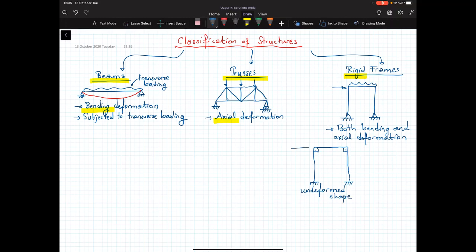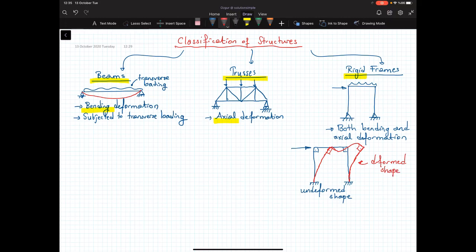Let's say that I apply this loading, I push the structure from its sides, and then it starts to deform. As it deforms, the members change their shape, they deform, but the joints don't deform. If initially they are 90 degrees, in the deformed state, they are still 90 degrees. So that's why we call them rigid frames.